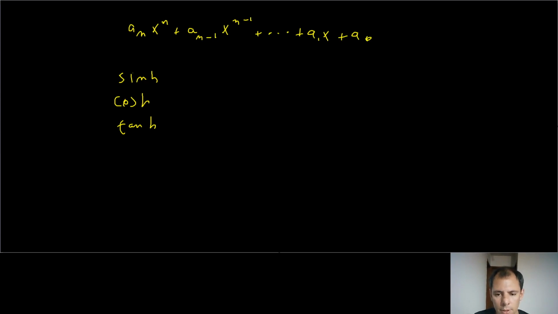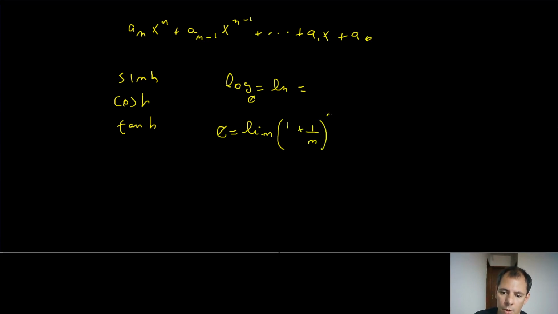They're also logarithmic functions like log or the natural logarithm, where the natural logarithm equals the log with a base e, where e equals the limit of (1 plus 1 divided by n) all to the power of n as n approaches infinity.